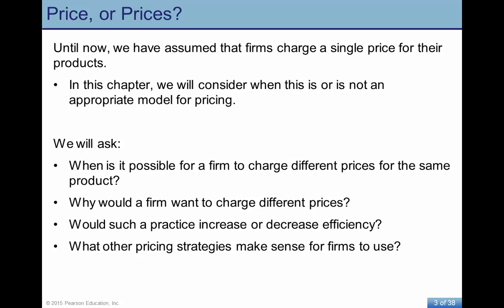We will ask, when is it possible for a firm to charge different prices for the same product? Why would a firm want to charge different prices? Would such a practice increase or decrease efficiency? What other pricing strategies make sense for firms to use?